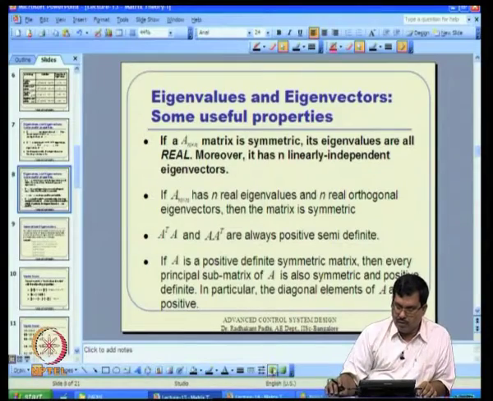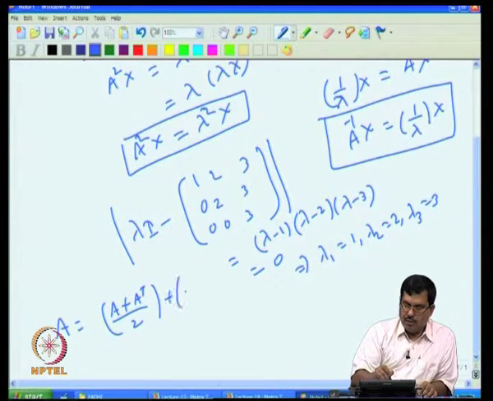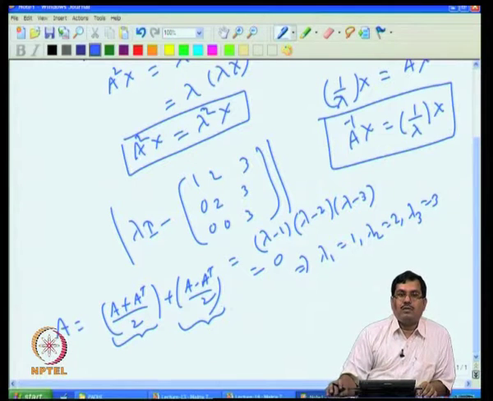Suppose A is a non-symmetric matrix, then you can decompose it as (A plus A transpose) by 2 plus (A minus A transpose) by 2 as well. The first is symmetric, and the second is skew symmetric.